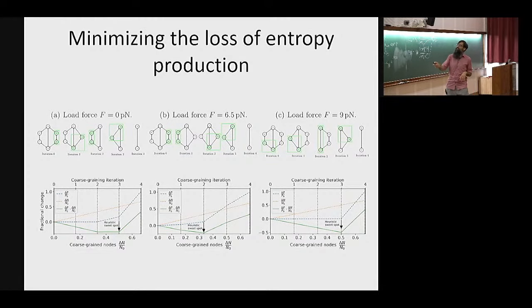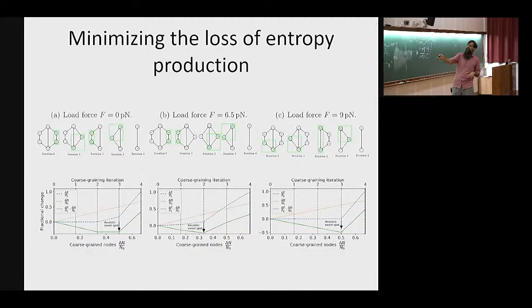Again, what you see here is that we did this 3 times with different parameters, which correspond to different forces in this kinesin model. And if you just look at the graphs, you see in every step we took away one node in such a way that we had the smallest effect on the entropy production. And what you see here is that for small force or zero force in that case, basically first we merge these 2 nodes.